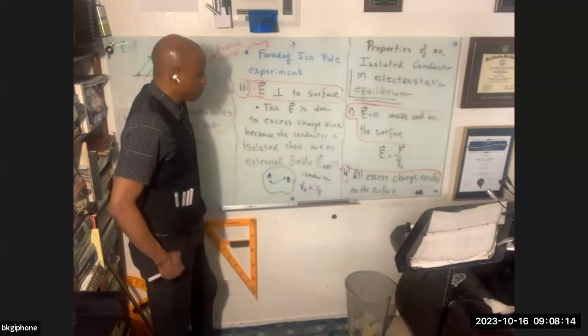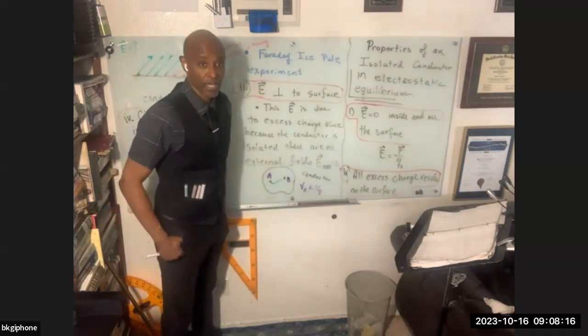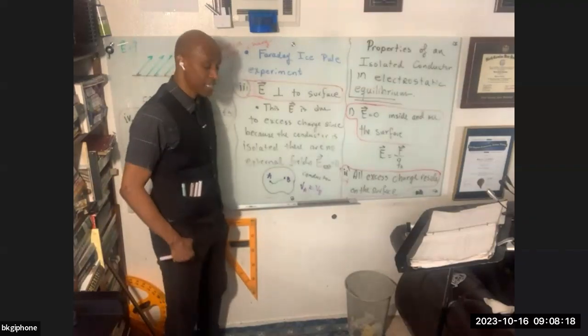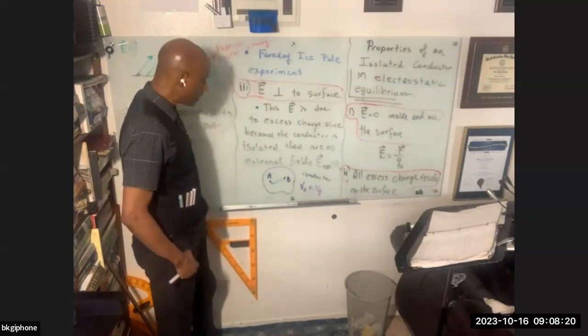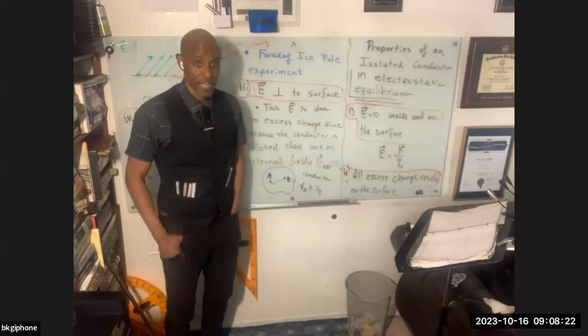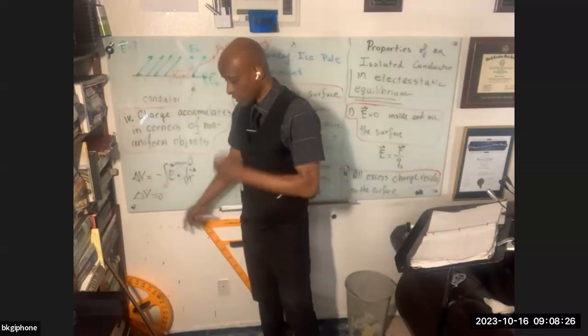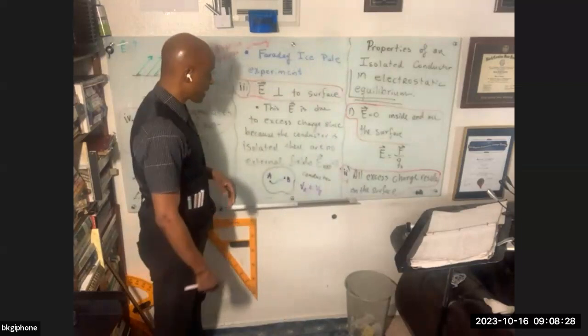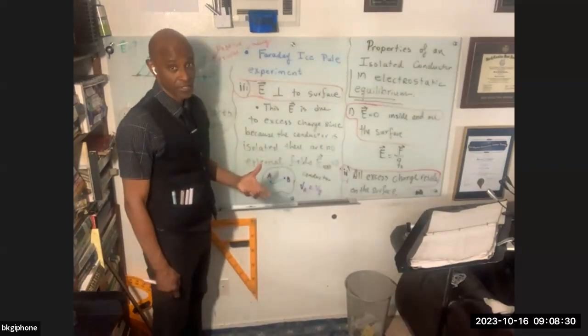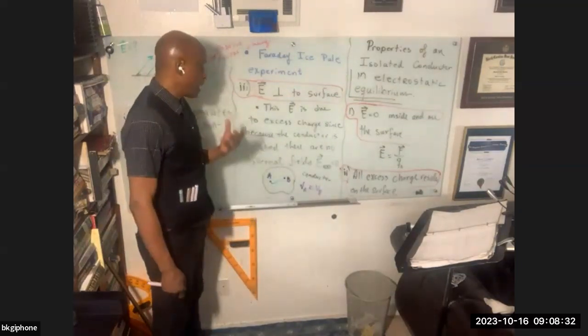But the point is that it doesn't have to be. There can be a non-zero potential inside. It's just that it's not going to change. And that's a property of a conductor, that delta V, the change in potential, is 0 inside a conductor, so that everywhere inside a conductor, the potential is constant. So that becomes a property.